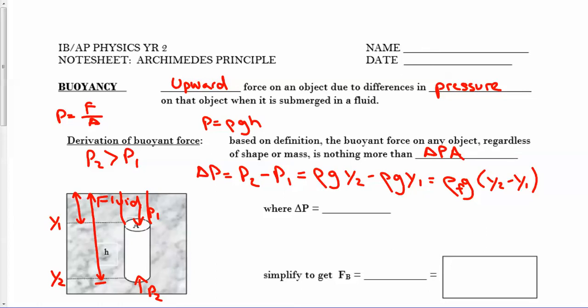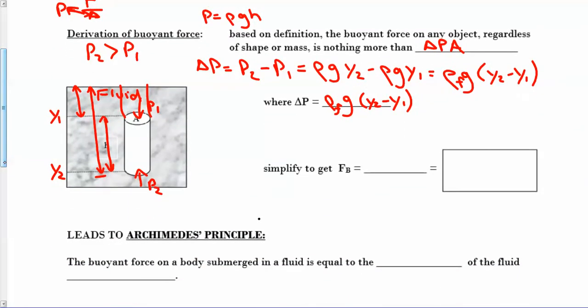Since delta P is the density of the fluid times g times y2 minus y1, which in this case we're going to call H, the height of the container, we end up getting rho of the fluid times g times H. And so the buoyant force is rho of the fluid times g times H times the area. So this first part is your delta P.